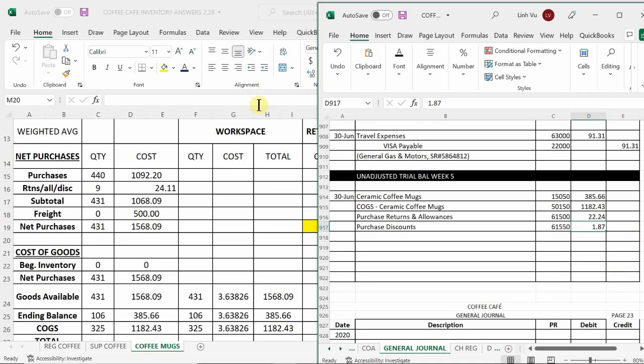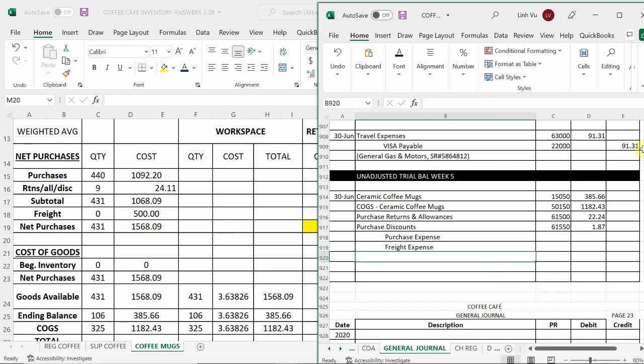Okay, and of course, because I'm doing my conversion entry, right? I also need to convert my inventory, right? How did I originally recognize this purchase of periodic inventory? I did that by having a purchase expense account, okay, which also included my freight expense. Okay.